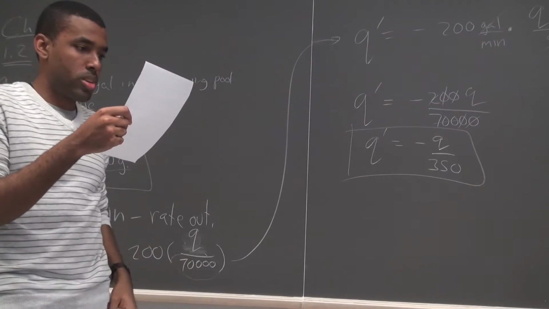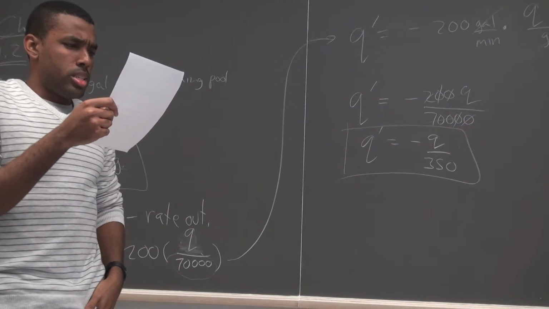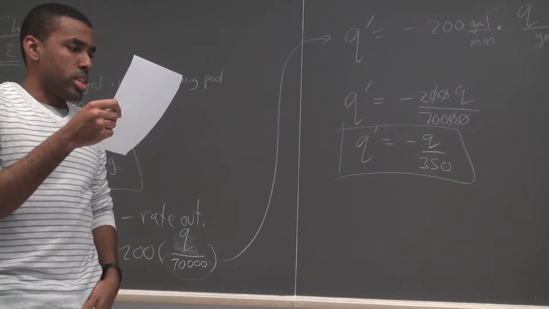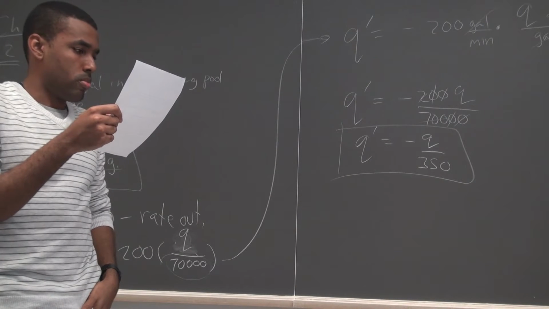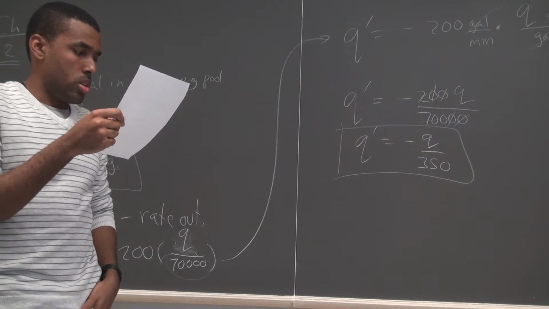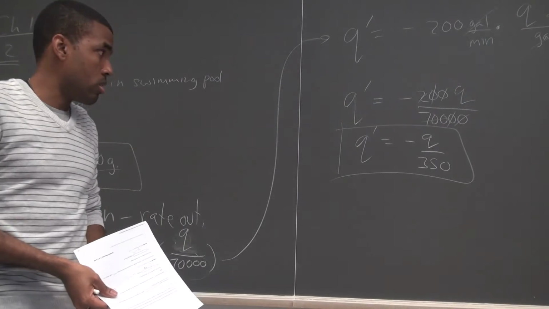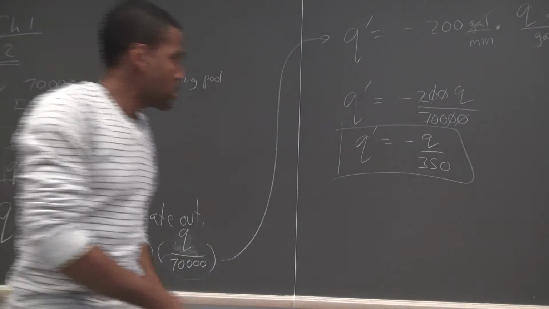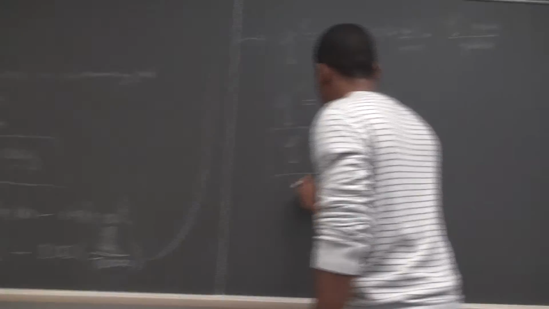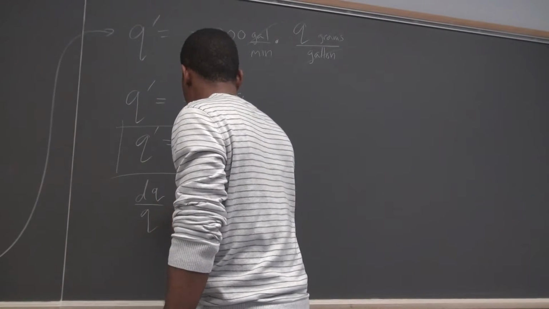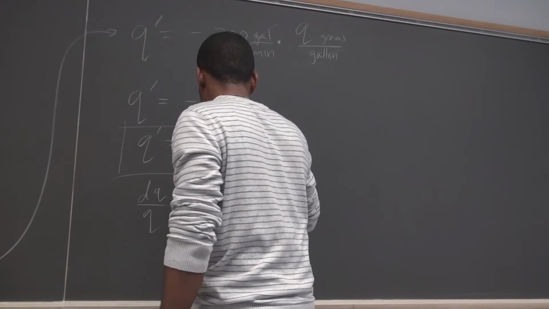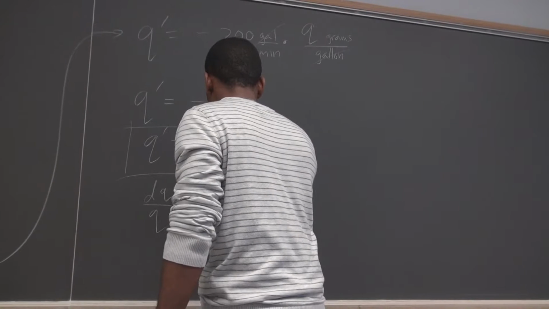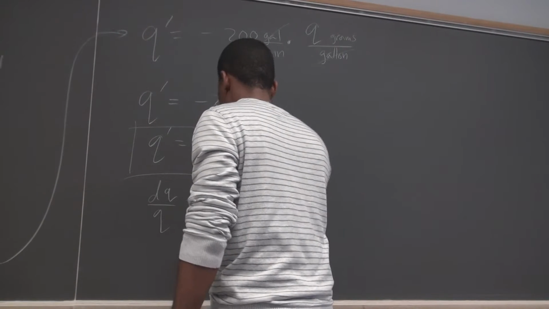You have to determine that the effect of the dye is imperceptible if its concentration is less than this per gallon. Okay, so we'd actually have to solve this. So this is dQ over Q equal to minus 1 over 350.